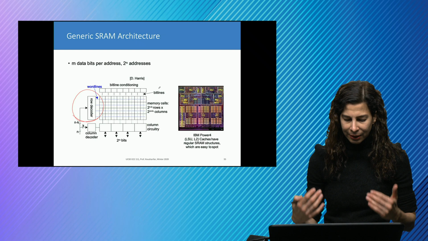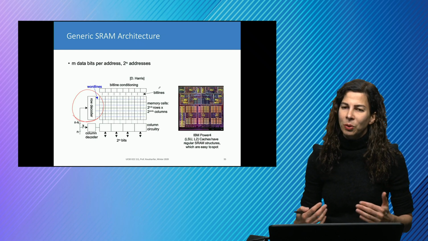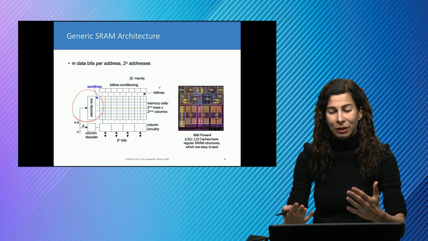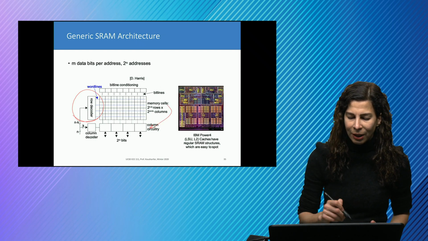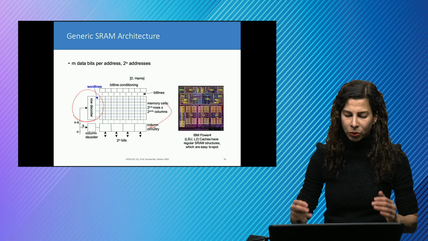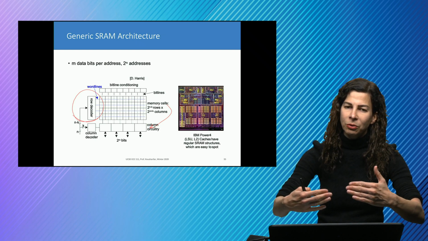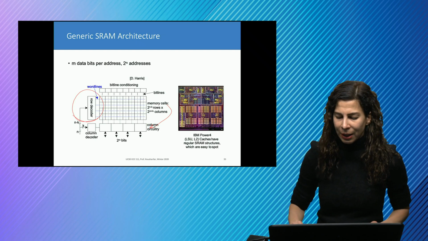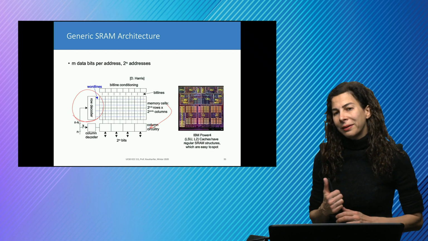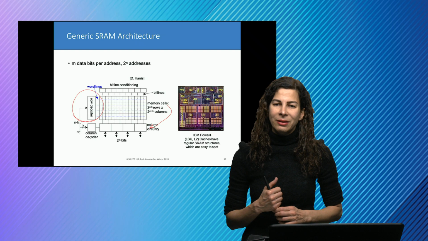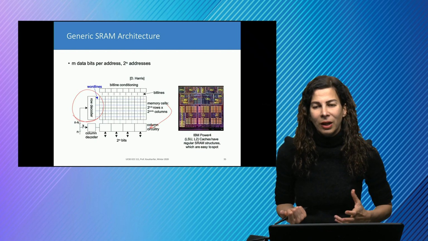If you're reading it out, it's going to write the values into the circuitry that reads out. Also, we could input the data to the memory and write it to a certain location that we have.